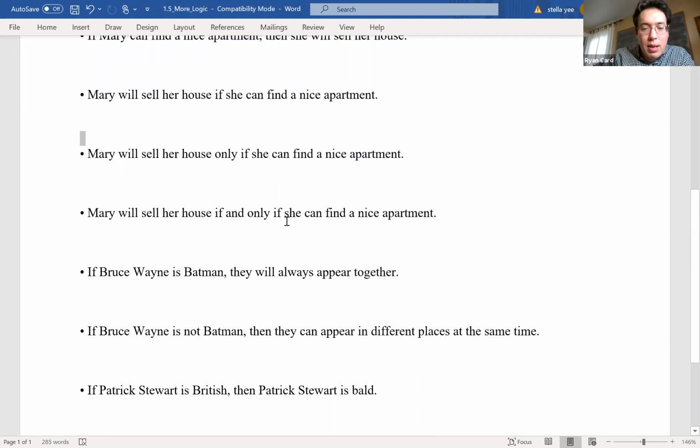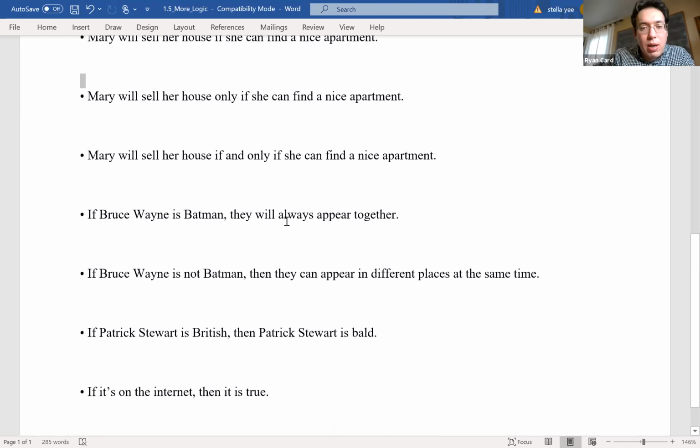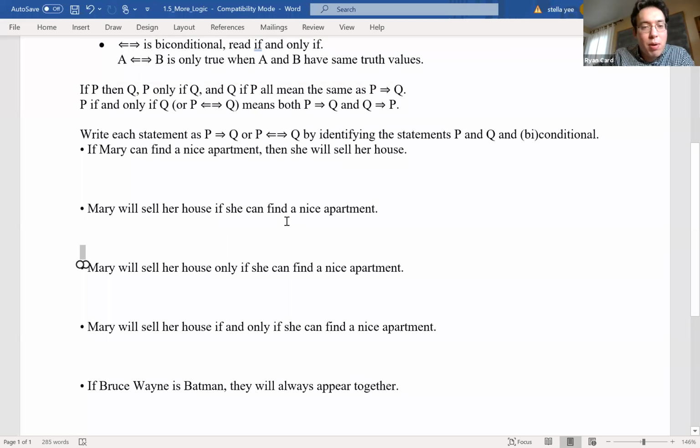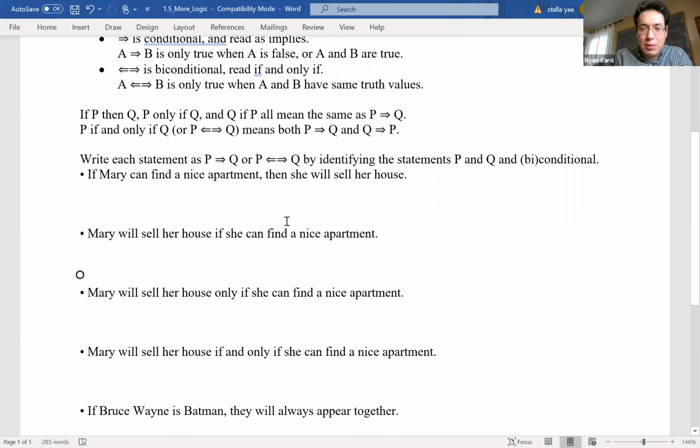Okay, so I think the trickiest part of this worksheet is actually the first couple sentences. So let's discuss it. There's three very similar sentences. If Mary can find a nice apartment, then she will sell her house.